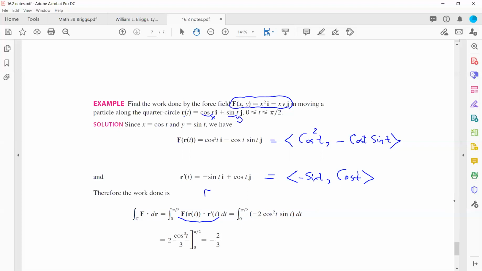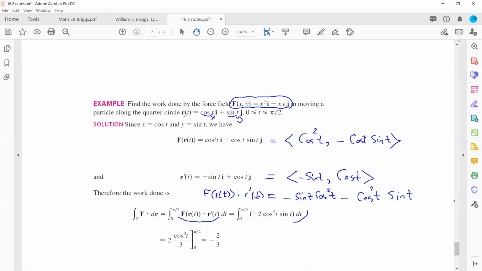So F of r(t) inner product r prime of t is equal to negative sine t cosine squared t plus, since you have a negative sign, minus cosine squared t times sine t. If you add these together, you get negative 2 cosine squared t sine t.